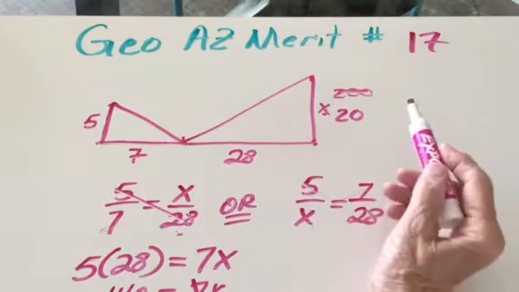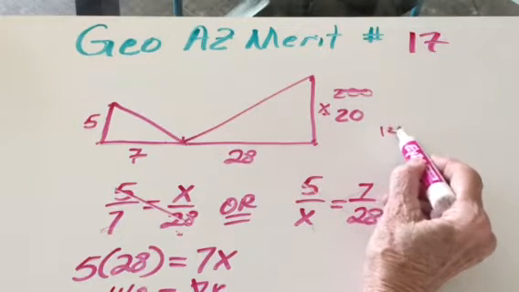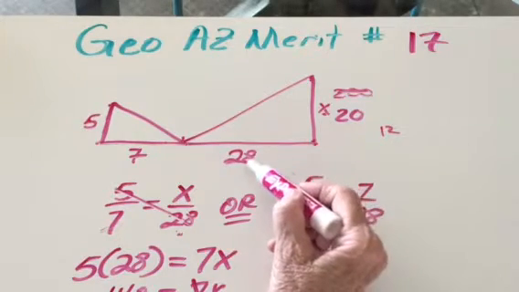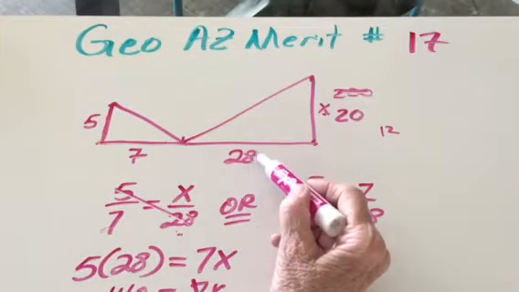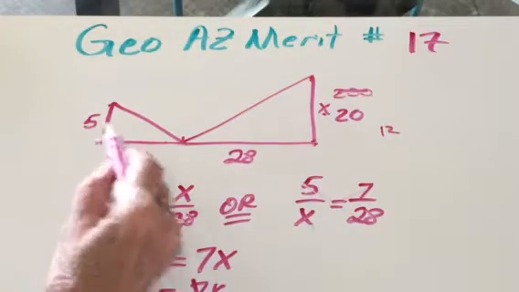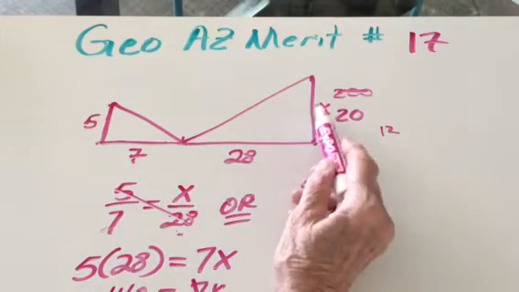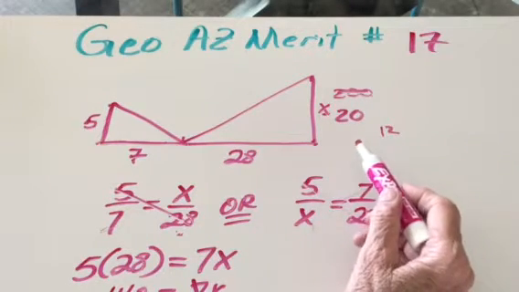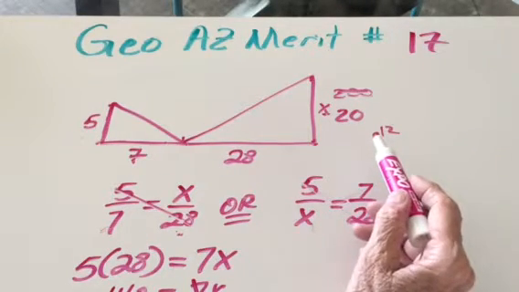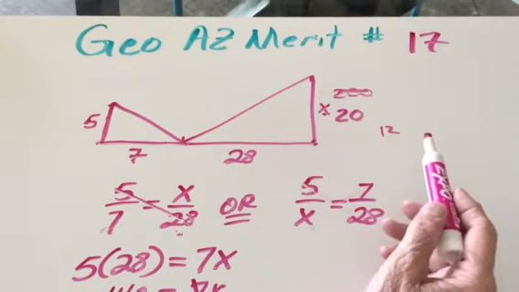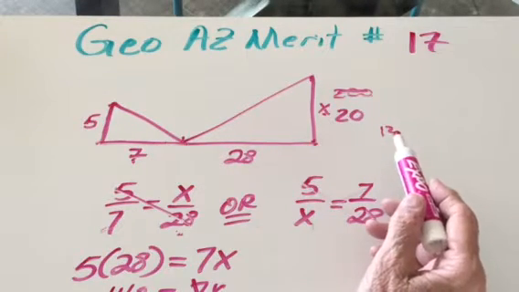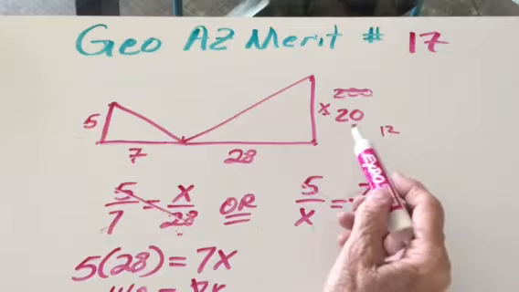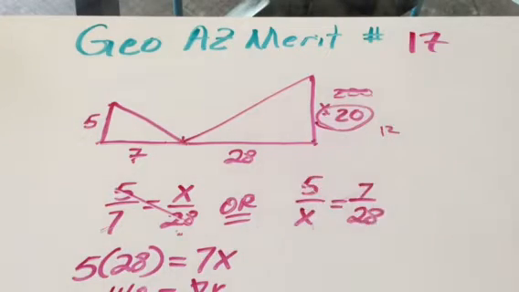What if I had said 12 for an answer? Would that have made logical sense? No, because see how close this number is to that number? Well, this number has to be close to that number as well, and 12 would have been wrong. So always make sure that you use logic, use your brain, use logical thought processes to see if your answer is right. But in this case, that answer is correct.